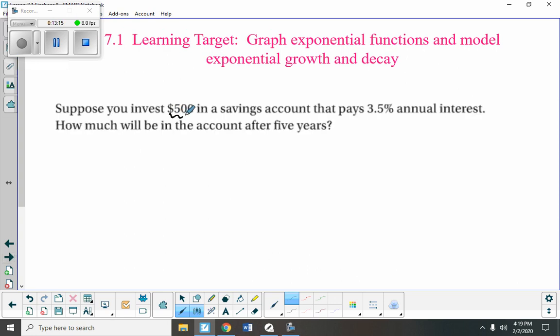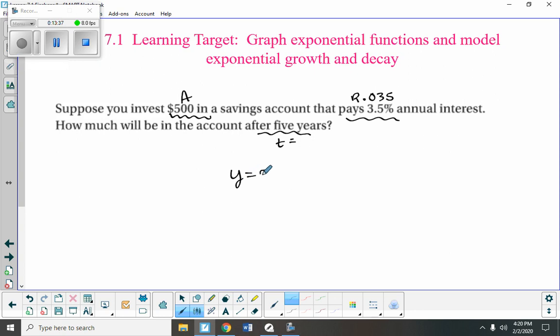Here's another problem. Suppose you invest $500 in a savings account that pays 3.5% annual interest. How much will be in the account after 5 years? So this is the initial amount. Your rate, remember we moved the decimal over 2 places to the left, so it's 0.035. That's your interest rate, and the time period is 5 years.